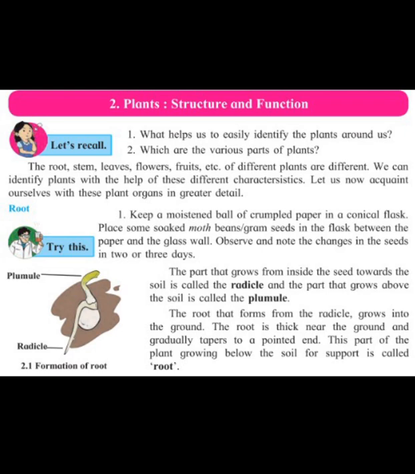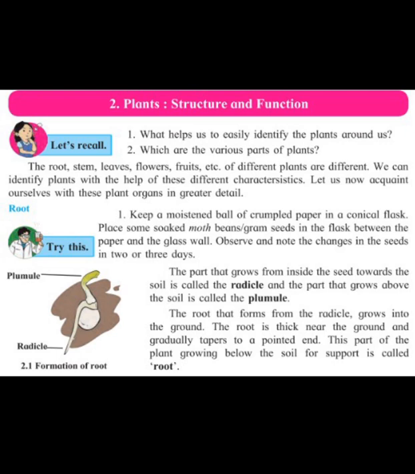The part that grows from inside the seed towards the soil is called radicle, and the part that grows above the soil is called plumule. Means radicle is the part that grows below the soil and plumule is the part that grows above the soil.